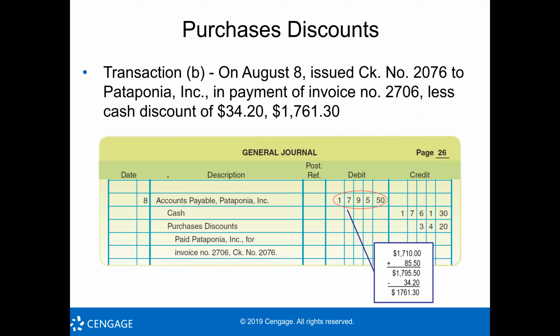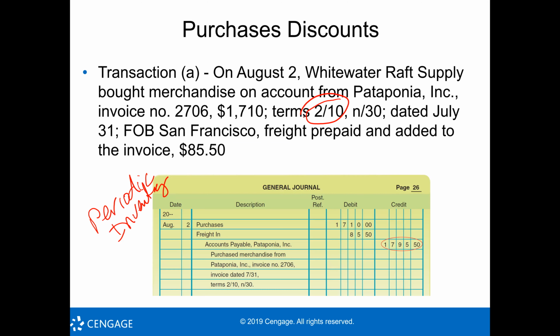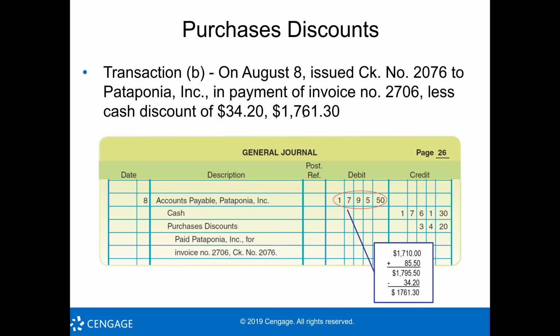Okay, so on August 8th, issued check number 2076 to Pataponia Inc. in payment of invoice 2706 less the cash discount. So again, my favorite way to do this, because how much of a discount? 2% off, right? We see that here. So my favorite way, just like I showed you guys in class, 17.95 times 0.98, or in other words, 98%.